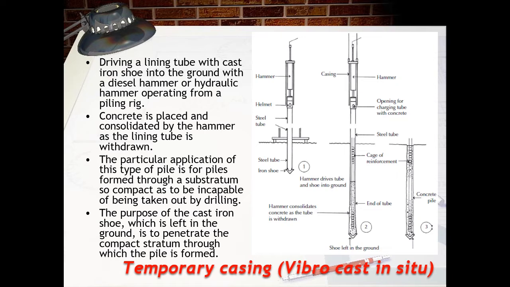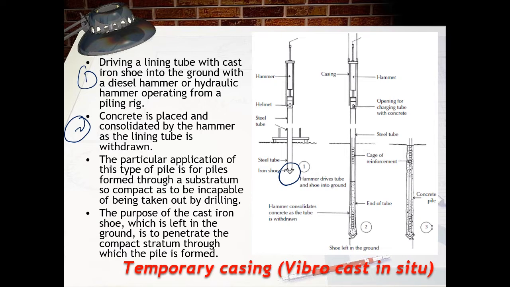The second example of temporary casing is the Fundex or cast in situ pile, driving a lining tube with cast iron shoe into the ground with a diesel hammer or hydraulic hammer operating from the piling rig. This is the iron shoe. Concrete is placed and consolidated by the hammer as the lining tube is withdrawn.